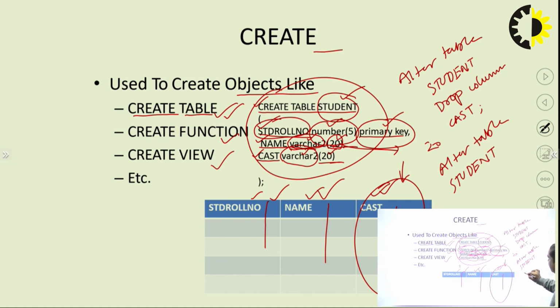Okay, and we are modifying it, so here we are using modify. So alter table student, modify, and modifying what? Name. Okay, we are modifying the name, so name with its properties. Okay, so we are not changing the field name, we are just changing its properties. The properties are its data type and size.